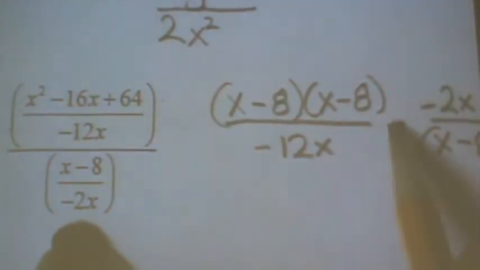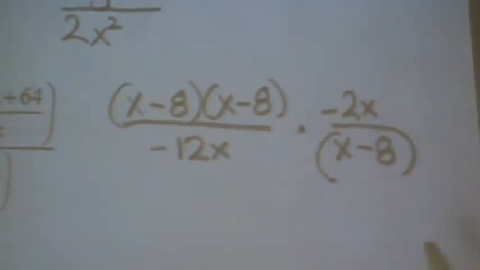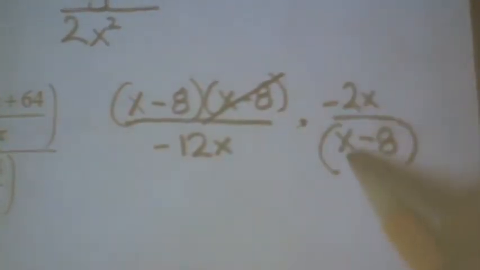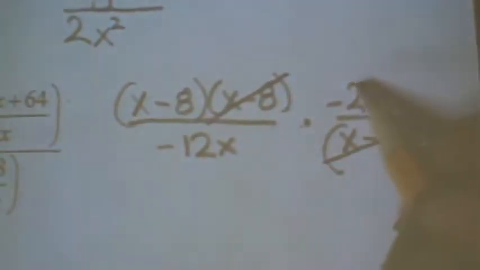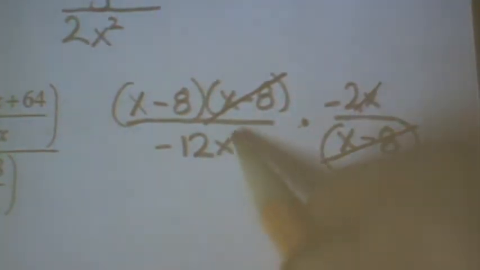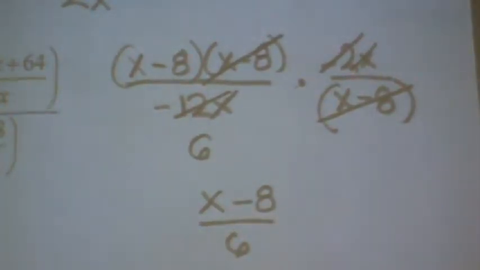So I'm flipping this. This is going to go up on top and this is on the bottom. So what cancels? We're going to cancel one of those. The negative 2 goes into negative. This is going to be 6. The x's cancel. The negative 2, you have a 6 left. And so your answer is x minus 8 over 6.